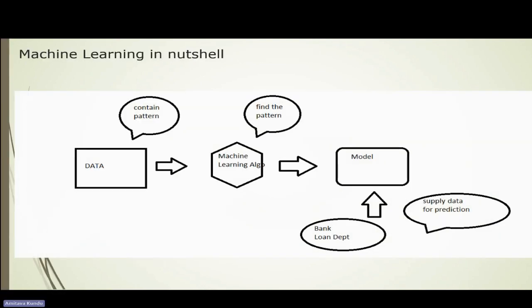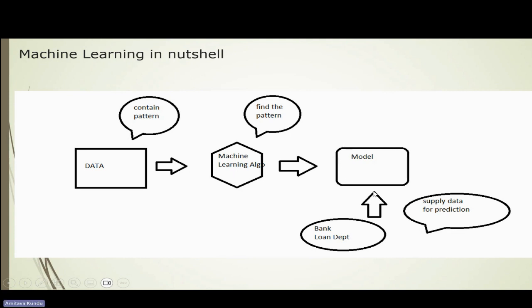Now in machine learning, your data can be in relational format or in image format. Whatever the data is, your machine learning algorithm identifies the pattern inside the data and creates a model.